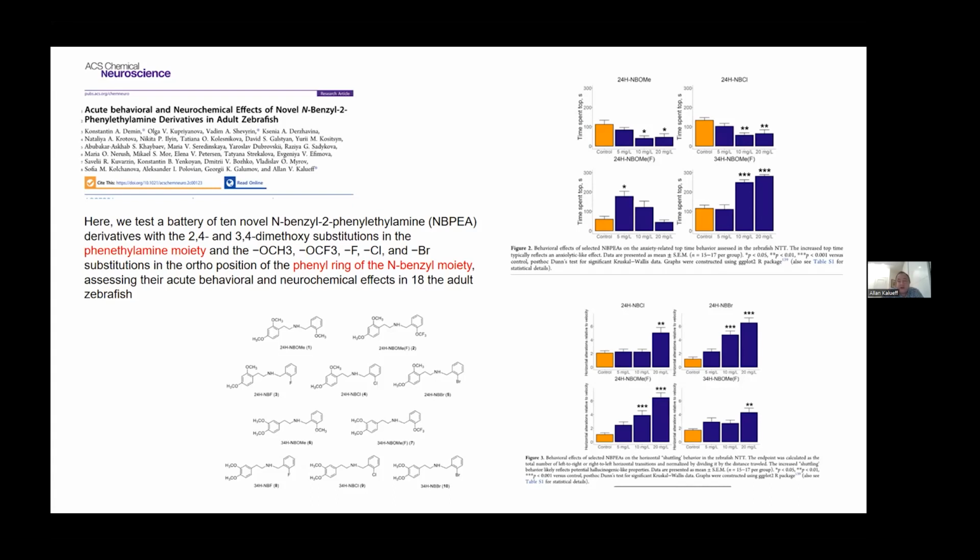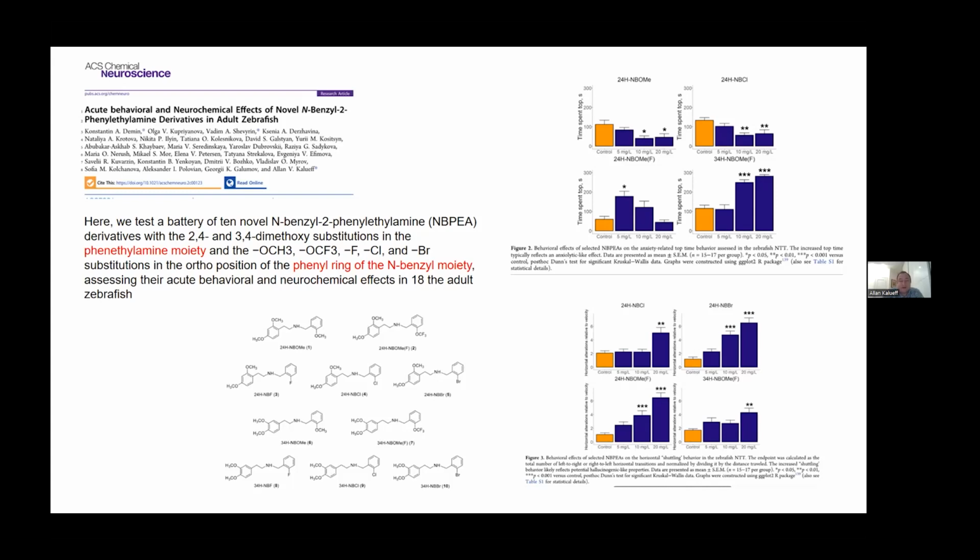On the right half of the slide, you can see behavioral effects of some of these drugs. Some of them cause increased anxiety and hallucinogenic effects. Some of them are behaviorally inert. Some of them cause anxiolytic properties, and some of them are very potent hallucinogenics. So all this was quite predictable.